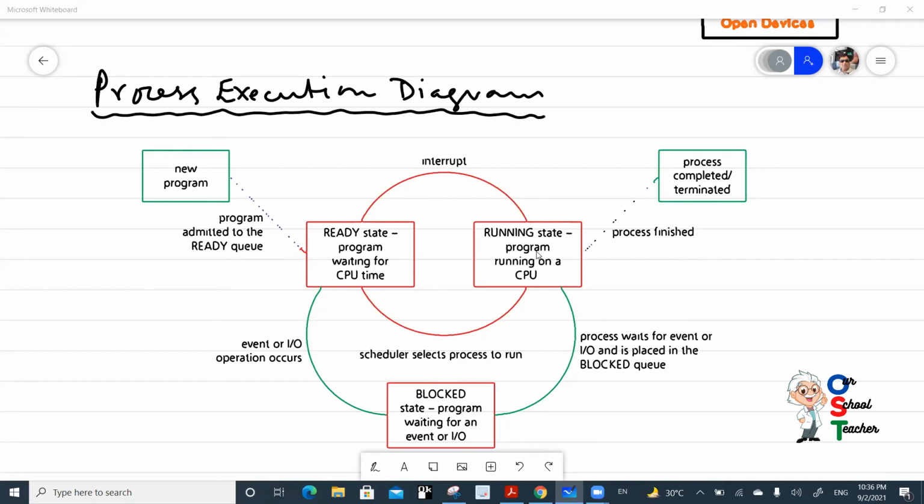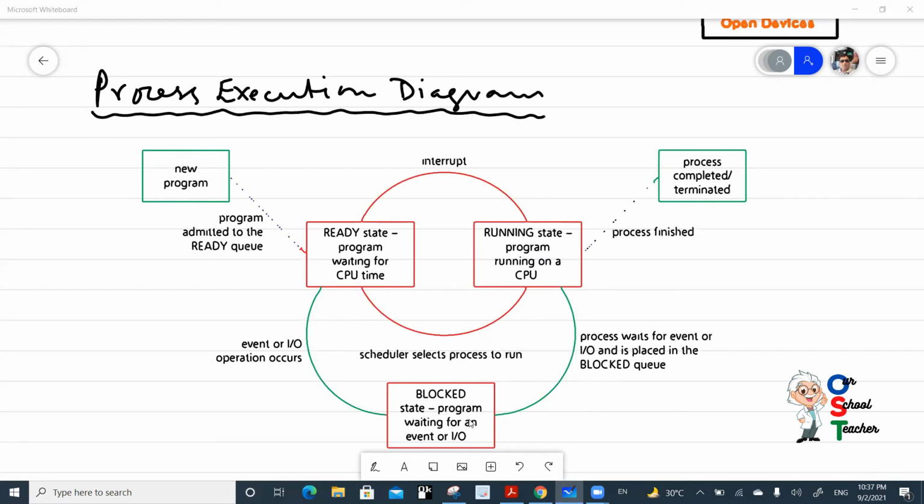Then if the process is interrupted, for example, because of any interrupt, the process will go back to ready state or waiting state. And when the interrupt is handled and the requirement is complete, the previous process state will be restored and it will come into running state. And for example, during this process, if it requires some IO, then it will go into block state, where the requirement of the IO will be fulfilled while the CPU is busy processing other processes.